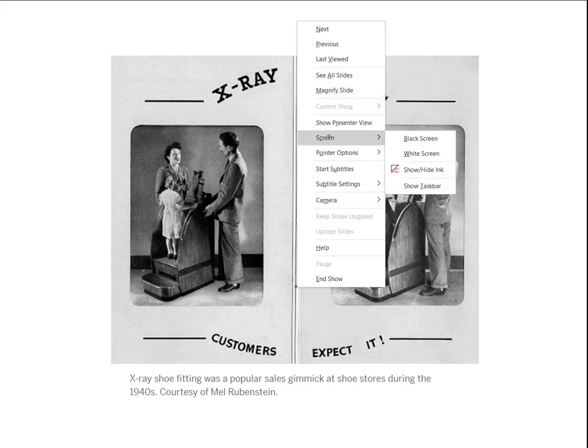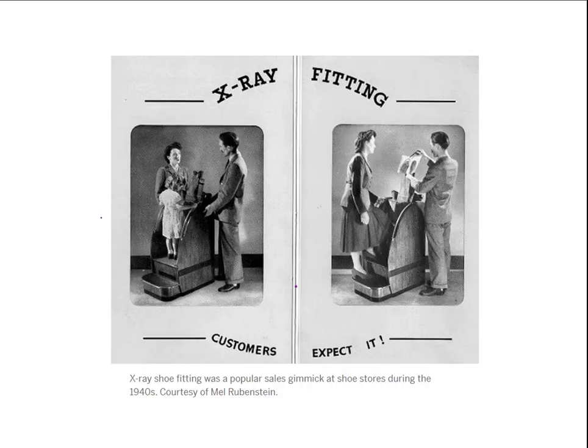Can you see the little kid on the left standing on this little box? That box was an X-ray machine. So in the 1940s, you would go to the shoe store and they're like, oh, let's take an X-ray of your foot so that we can be sure your shoe fits right.